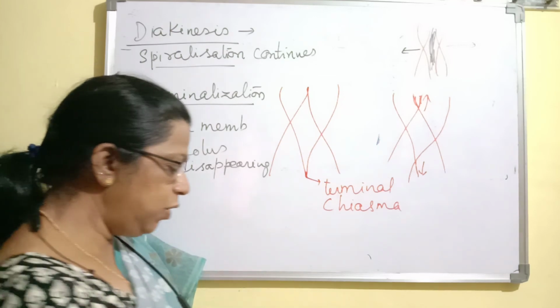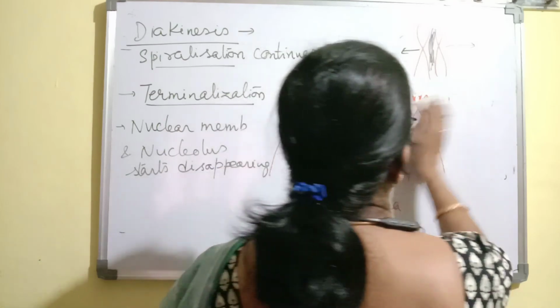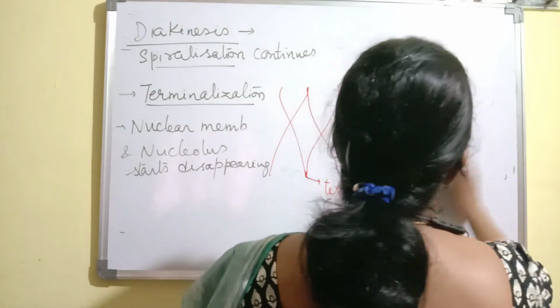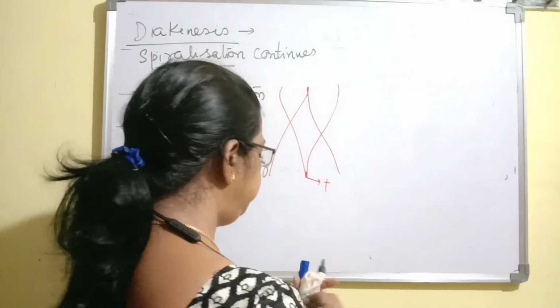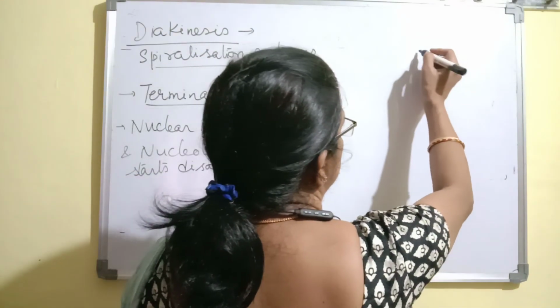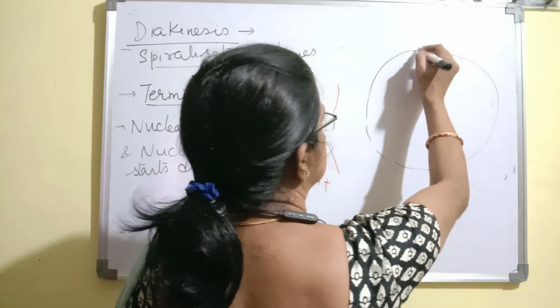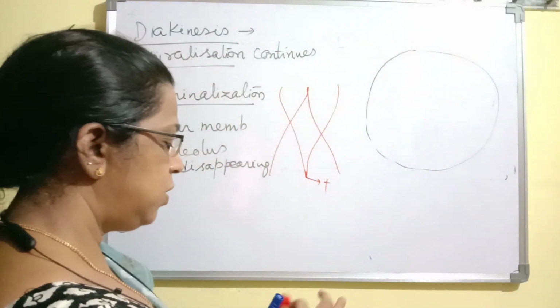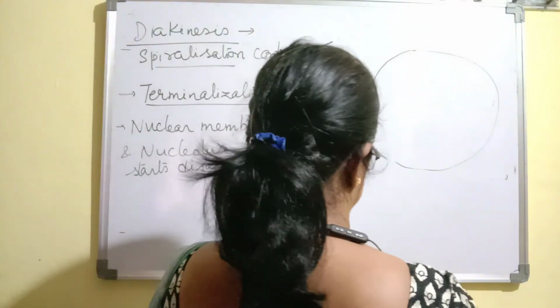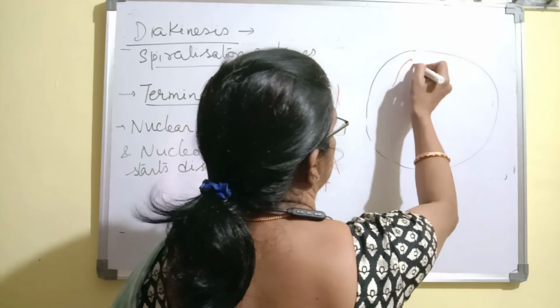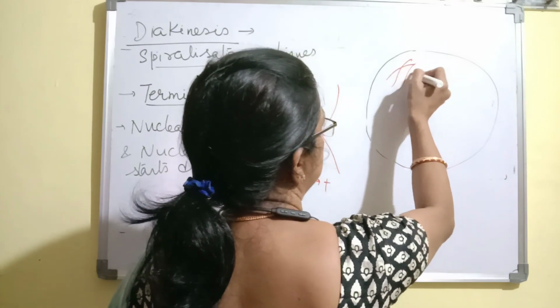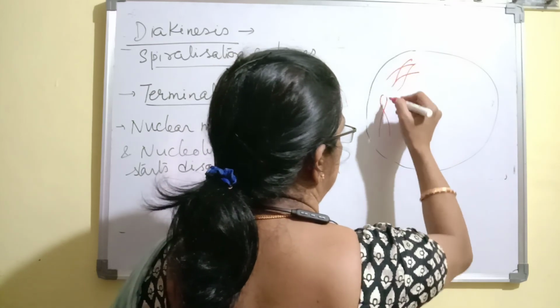So if we observe the bivalents at the end of prophase 1, we have only the cell wall and all the bivalents. This is one bivalent, and so on.